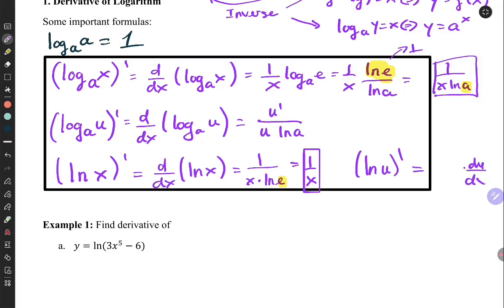But before that, what would that be? 1 over u.